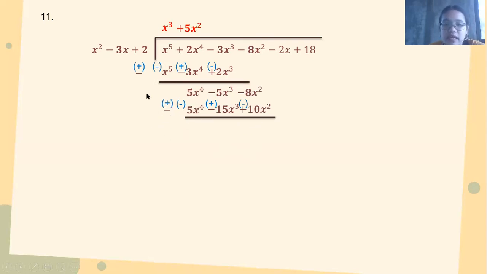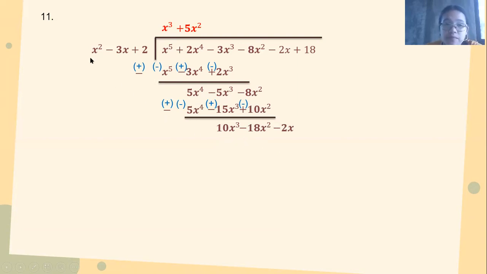And our operation sign changes, becoming plus. 5x raised to 4 plus negative 5x raised to 4 is equal to 0. Negative 5x cubed plus positive 15x cubed becomes positive 10x cubed. Negative 8x squared plus negative 10x squared, we have negative 18x squared. And we bring down the next term, which is negative 2x.